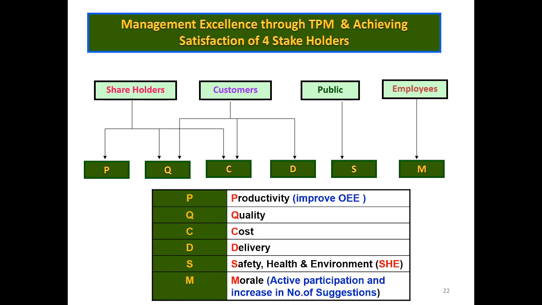By practicing management excellence through TPM we can satisfy all the stakeholders who are very important in running an organization successfully without any problem on a sustained basis. Moreover, we can see significant improvements in PQCDSM, that is productivity, quality, cost, delivery, safety, health, environment, and morale of the employees after TPM has been successfully implemented in the company.